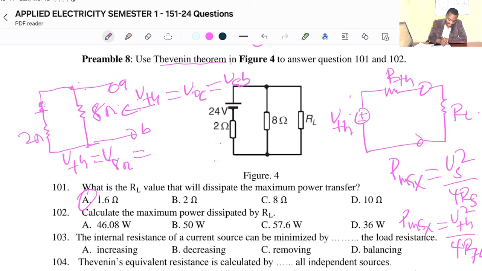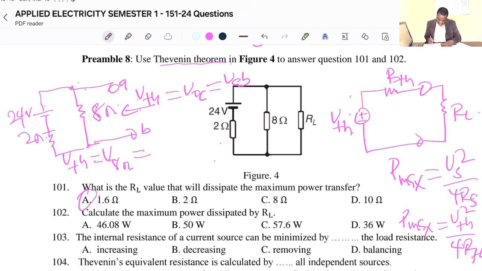When you look here, if there's current, we have to bring back our voltage. Our 2 ohms is here, and we have 24 volts.